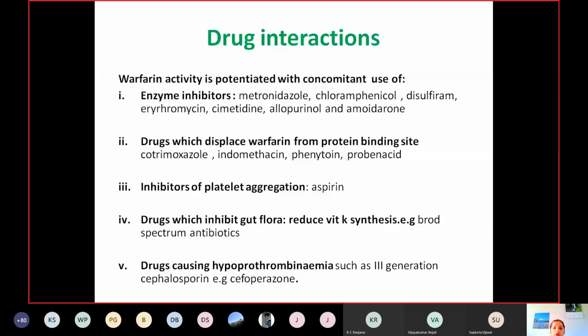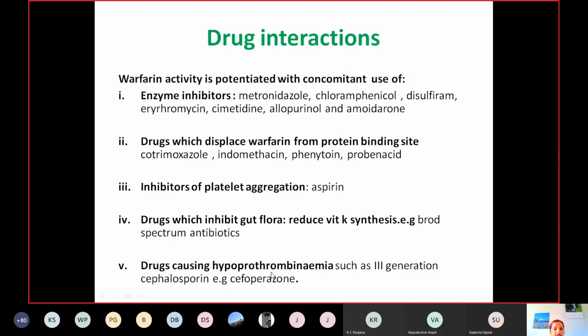Okay, so along with broad spectrum antibiotics also, you should not use this drug because there will be a chance of bleeding. The action of the drug will be potentiated, okay, because of the decrease in clotting factors.